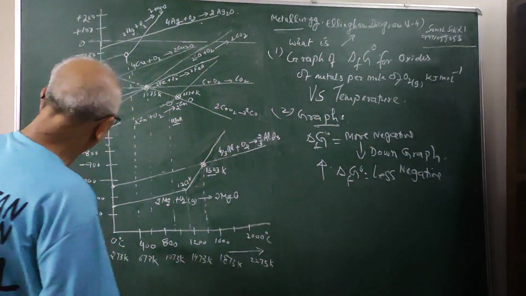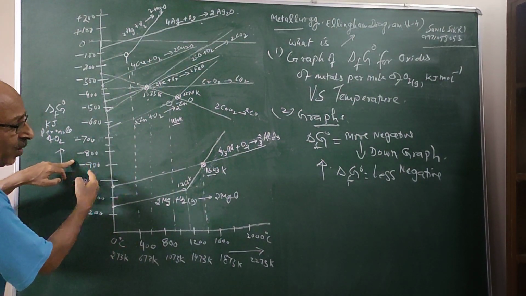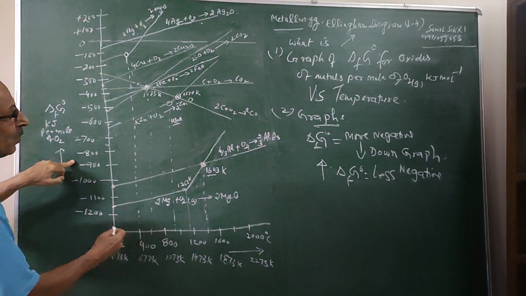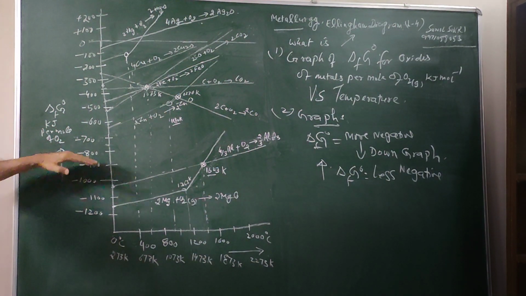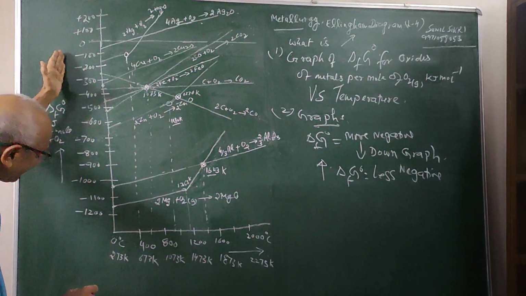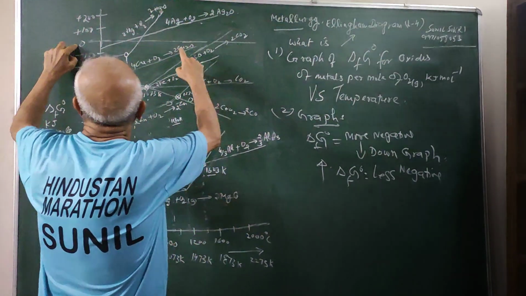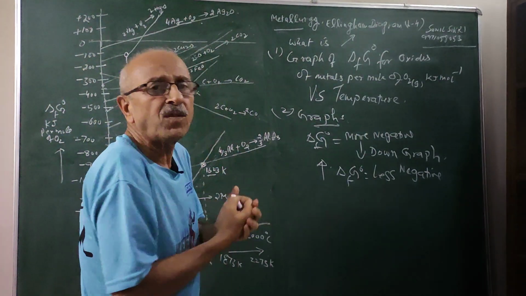This graph is between delta G0 and temperature, in Kelvin. As you can see, minus 1200, minus 1100, and as I am going higher and higher, the value is becoming less negative, and this is the value where Gibbs free energy is 0, and above this the value is positive.